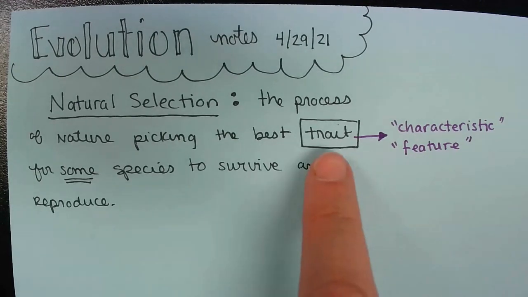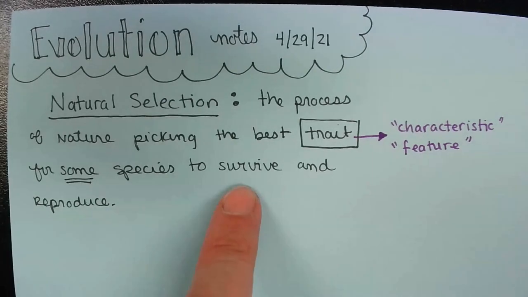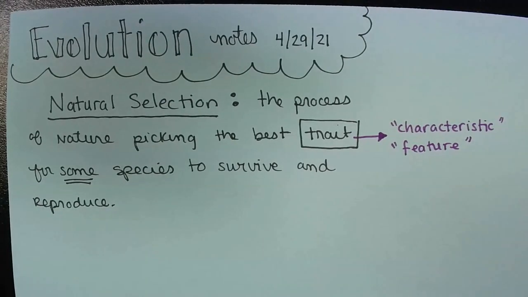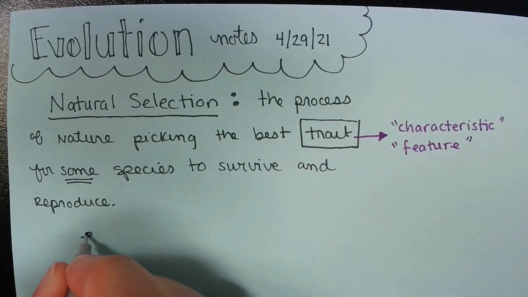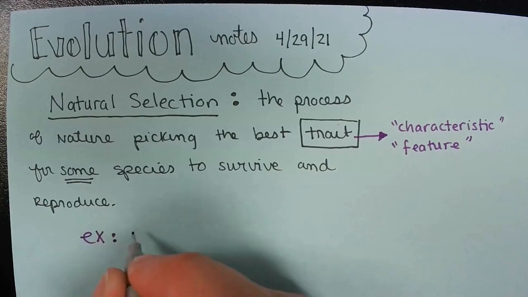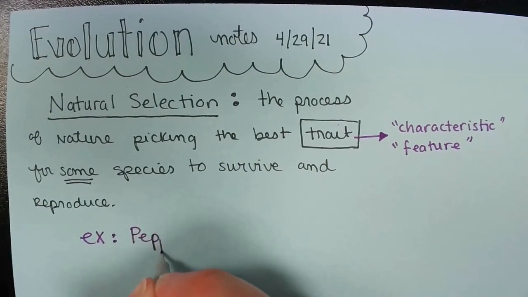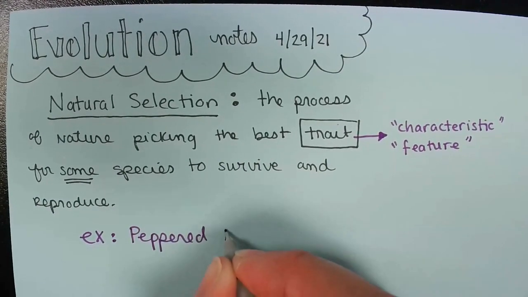Those spikes are traits that allow them to survive and reproduce because the species has basically protected itself. Cacti can also store water, another trait to increase their survival. So that's natural selection. Let's do one more example, and this is involving what are called peppered moths.